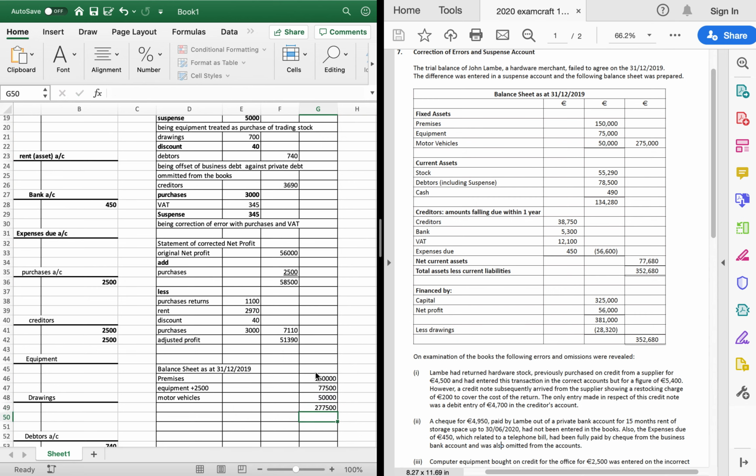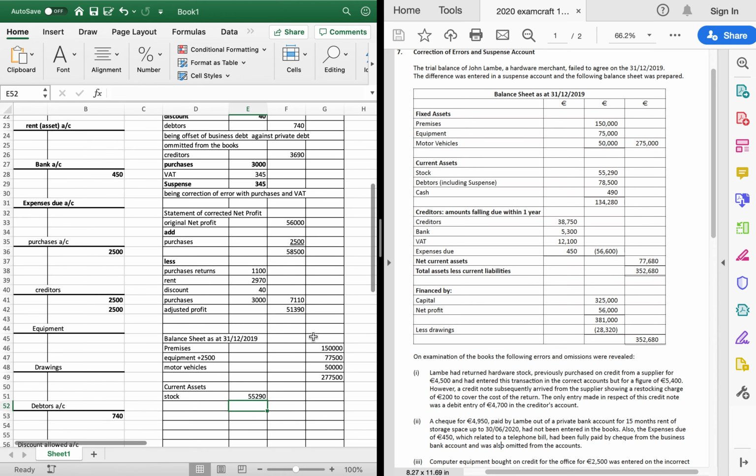They add up to 277,500. Your current assets, then you've got your stock. Stock can't change. You can't really adjust stock in any of these questions, so just be aware of that. 55,290.